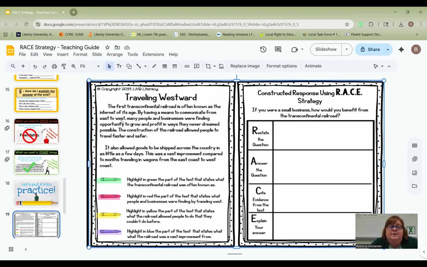They were finding opportunity to grow and profit in ways they never dreamed possible. So by having a means to communicate from east to west, many people and businesses were finding opportunity to grow and profit in many ways they never dreamed possible. So I would highlight that in red.